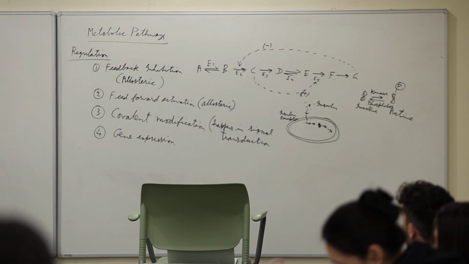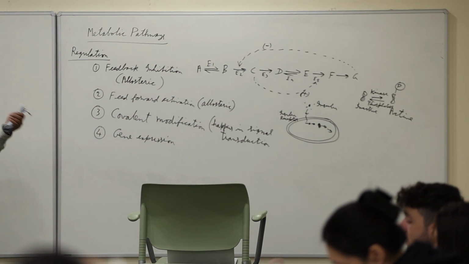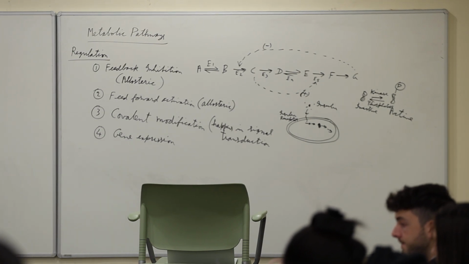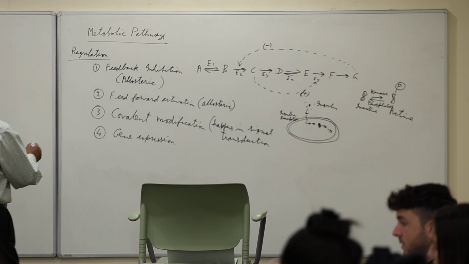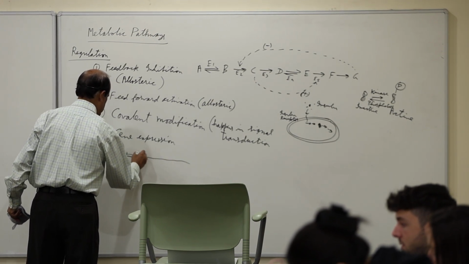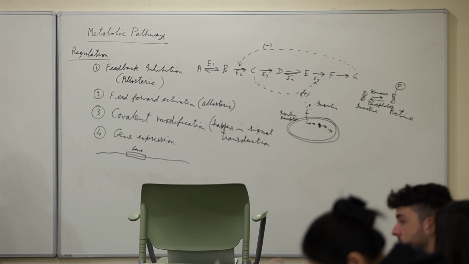which means, even anyone who has taken molecular biology, you know that enzymes are made from RNA, RNAs are made from DNA, and that is the gene. So if you have a gene here, if this is your DNA and there is a certain gene that is coding for a certain protein.